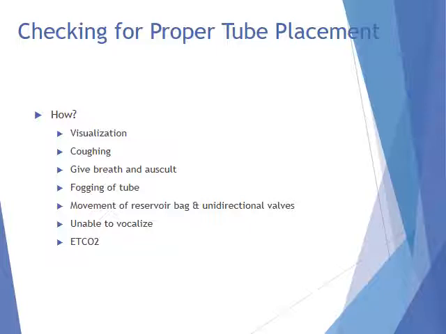If we hook up our end-tidal CO2 sensor, we want to see that it's in a normal range. If it were in the esophagus, if it were in the stomach, it would be 0, and so we know we're in the wrong place. But it's extra important with cats to make sure that we do have the tube in the right place, because it's a little bit easier to end up in the wrong place. With that laryngospasm, things close off at the last minute and your tube doesn't go where maybe you think it will.